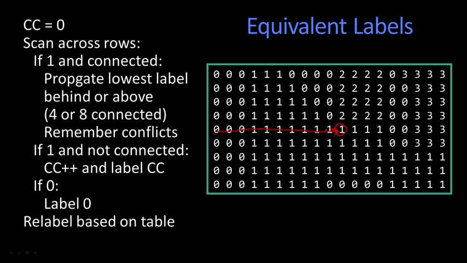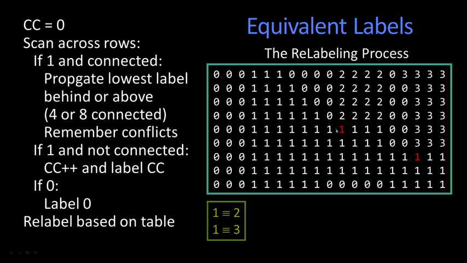Because when I look behind me, it says that I'm a 1. And when I look above me, it says I'm connected to a 2. So what I do is I pick one of those, maybe the 1, but I remember that I've got a conflict there. Likewise, I have a conflict here. And what I learn is that 1 is the same as 2 because it's connected there, and 1 is the same as 3, so it's connected there.